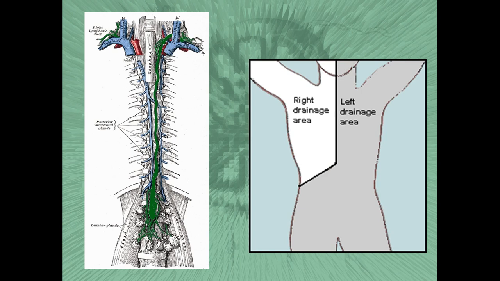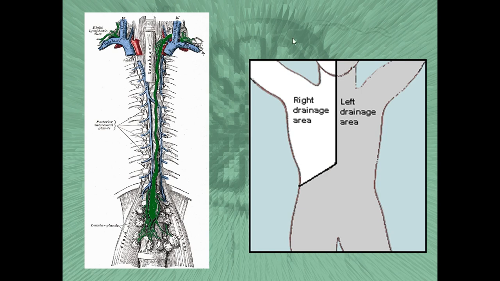In the place of merging of these lumbar trunks, an expansion is formed. It is known as the cisterna chyli. After that, in the abdominal cavity, the thoracic duct also receives the intestinal trunk if it is present.